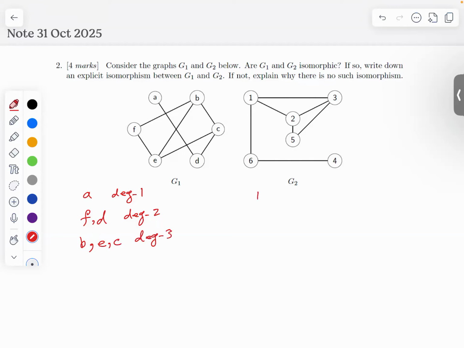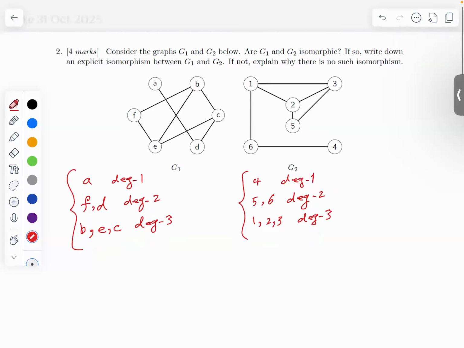And here, 4 is degree 1, 5 degree 1, 6, yes, excellent, 1, 2 are degree 3.